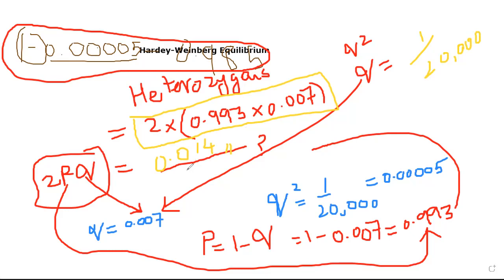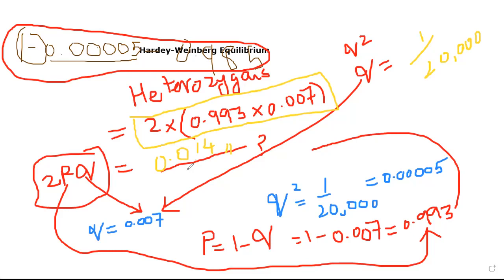This is a question for you in future, not now. Normally in exams, they will ask you this question. They will give you the number of homozygous recessive in one population, and they will ask you to find out the frequency P or heterozygous like this, and you can easily find out.